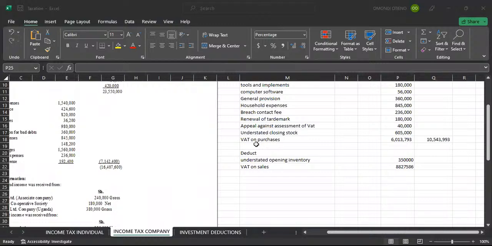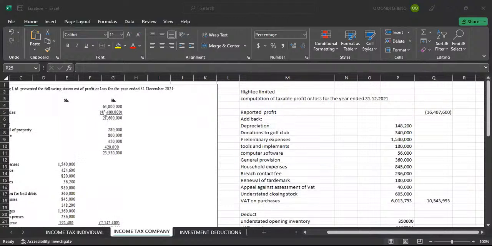So any VAT that is there should not be used to reduce or increase your taxable income. As you can see, our sales up here has got VAT, which means it is exaggerating. It is increasing our gross profit. So we have to remove it.